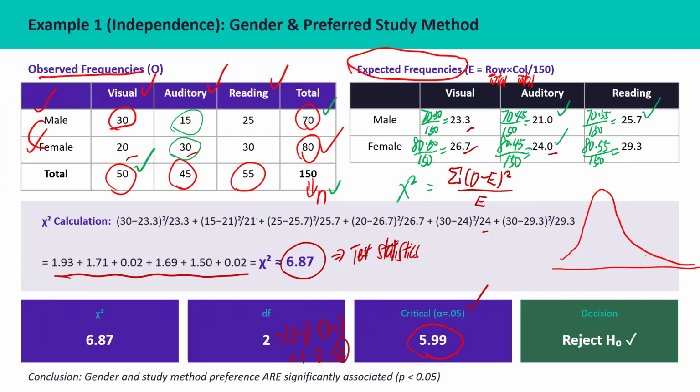So this is the chi-square critical value. Alpha is 0.05, and we found from the table it is 5.99. And then this is the rejection region, right? The tail on the right is the rejection region.